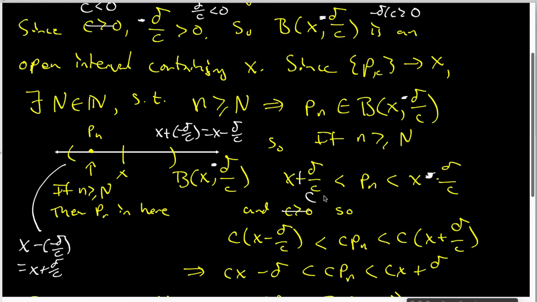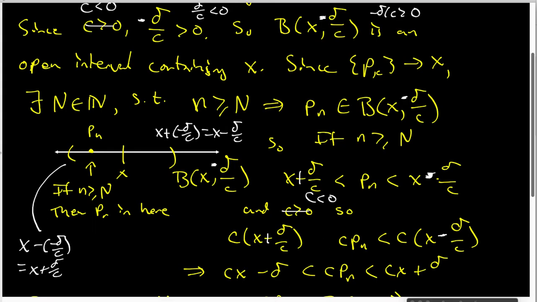And c is less than 0, so when we multiply our inequality, in addition to cleaning up the plus and minus signs on those two things, the inequality also is now going to switch.